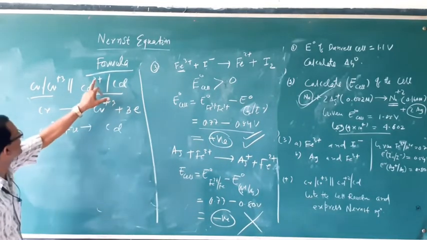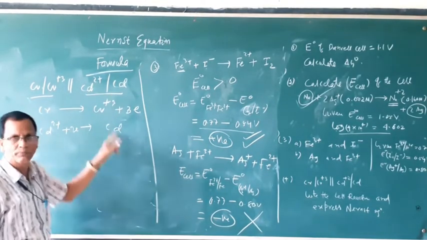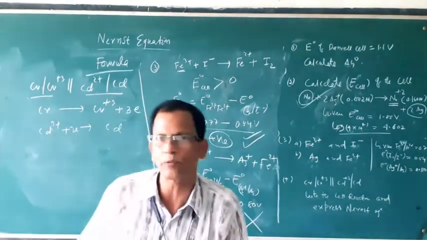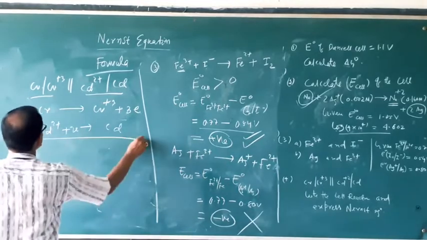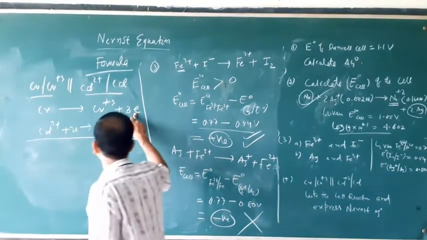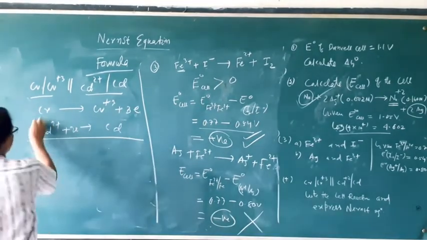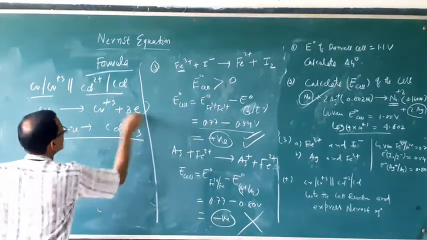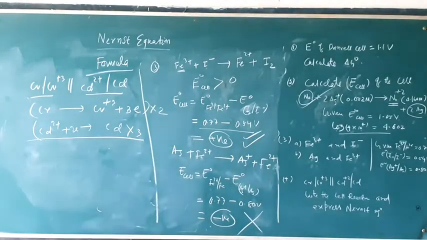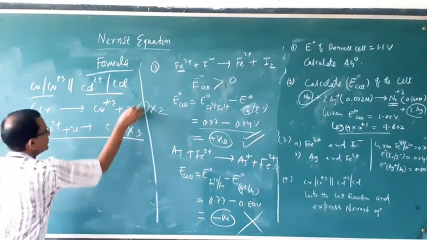Left side cadmium 2 plus, right side cadmium. Anode and cathode will be divided in two parts, reactant and product. Here you see the difference: right side 3 electrons, left side 2 electrons. You multiply here by 3 and here by 2 to cancel the electrons. We have read the ion electron method in 11th class. So it will be cancelled.